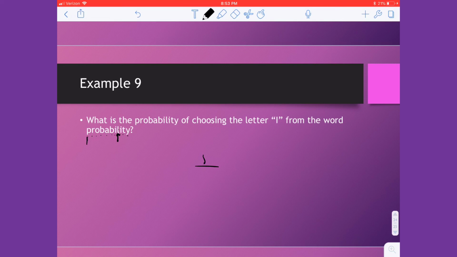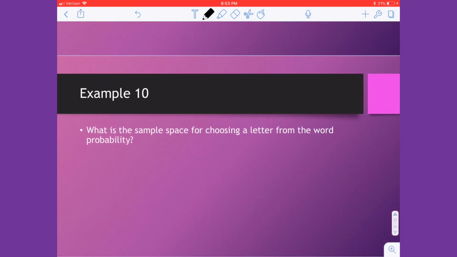So this is a unique value, 1, 2, 3, 4, 5. Skipping B because I've already counted that. 6, 7, skipping the I, 8, 9. So actually 1 out of 9 because there's only 9 unique letters in that word.